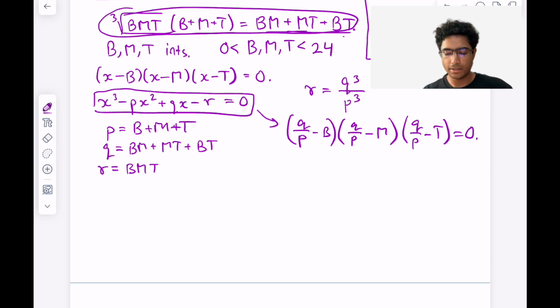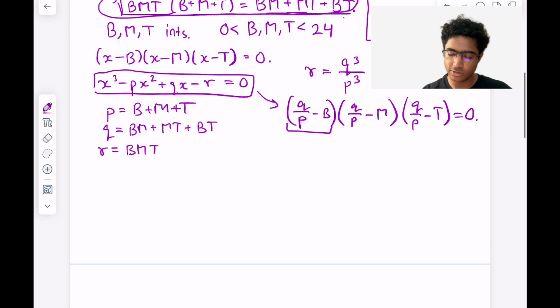The idea here is that if this is 0, then after we substitute q and p in terms of b, m, and t, at least one of these three factors has to be equal to 0. And so we can solve for b, m, and t from there. Let's look at one of these terms and then generalize to the other two.